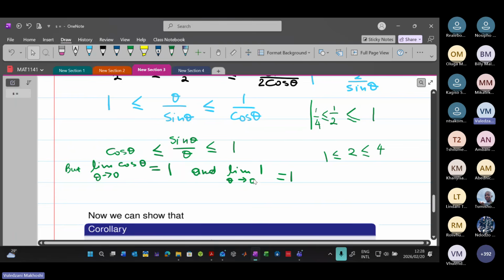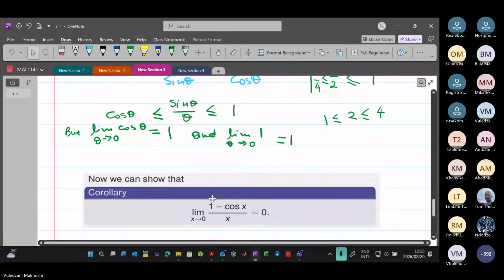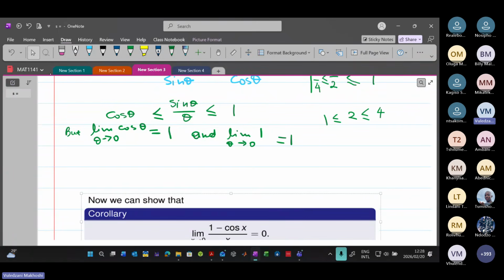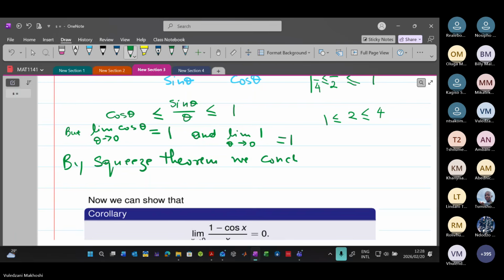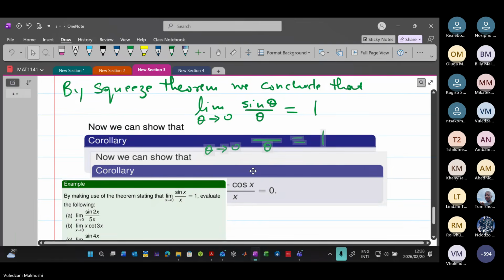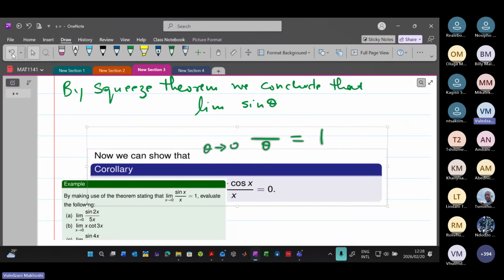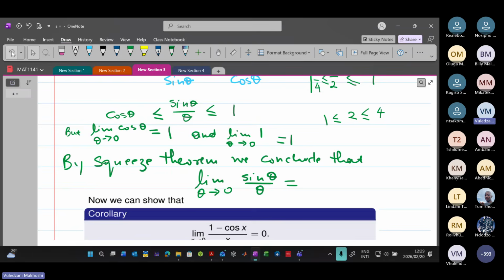By the squeeze theorem, we conclude that the limit of sine theta over theta when theta approaches 0 is also equal to 1. That is the result we are going to use.